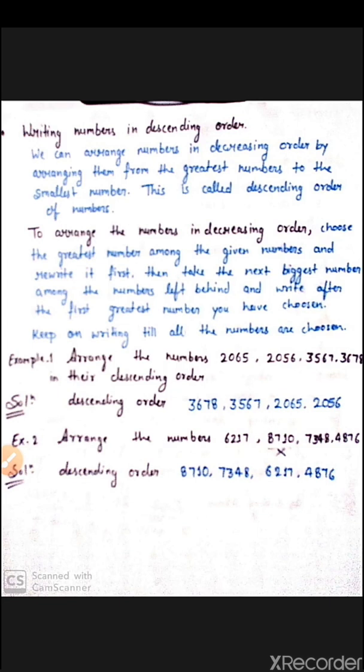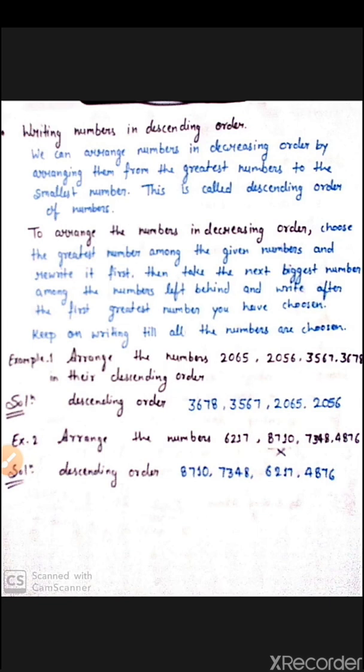Okay, first the greatest number, after that the second greatest, after that the third greatest, and like this we have to write greatest to smallest number. To arrange the numbers in decreasing order, choose the greatest number among the given numbers and rewrite it first. Then take the next biggest number among the numbers left behind and write it after the first greatest number you have chosen. Keep on writing till all the numbers are chosen.